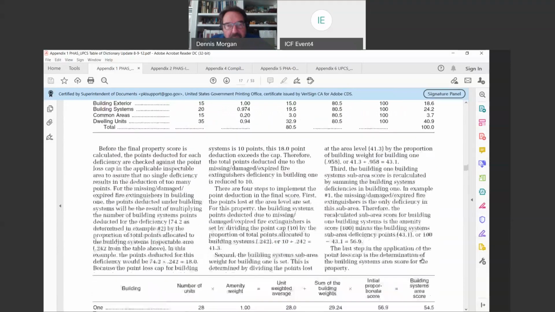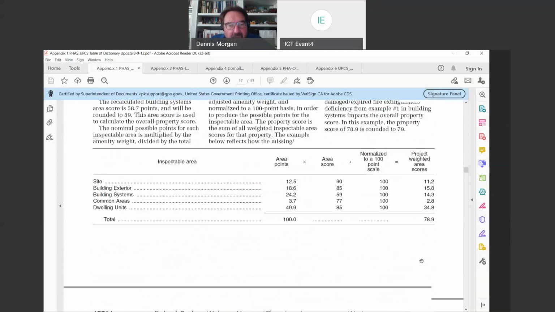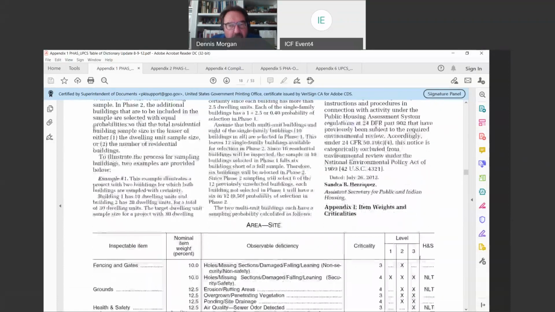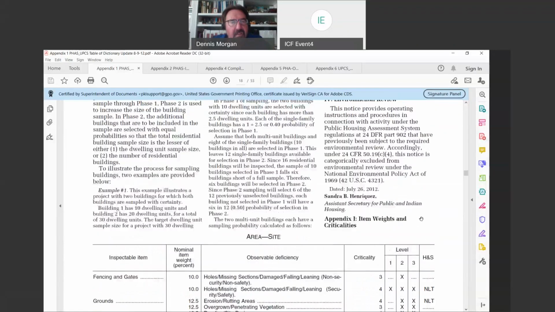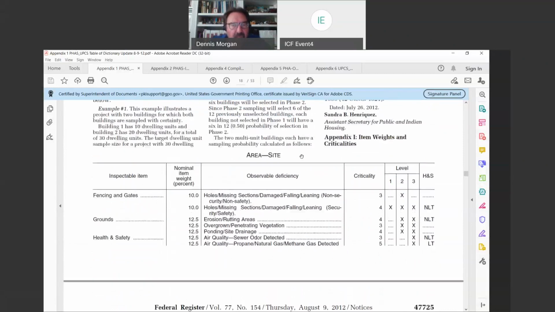Your inspection report gives you that information, carried over from one year to the next, unless I've changed inspectable items through modernization or other activities on the site. Now, the dictionary of terms starts on page number 47724.